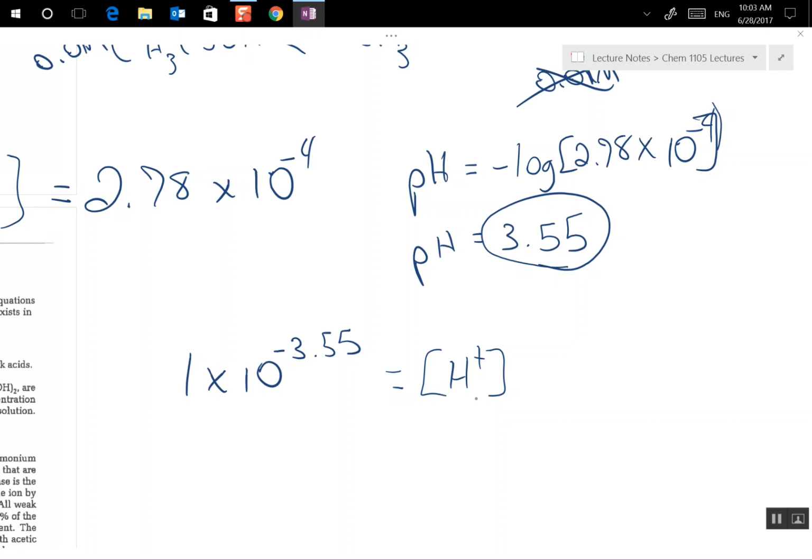So we use the function on our calculator to find out what that is. There is a button on your calculator that looks like this, 10 to the x. That is called your anti-log. It is usually a shift function of the log button. So if you hit shift log, it'll give you a 10 to the x. Okay? And if you enter 10 to the negative 3.55, what do you get?